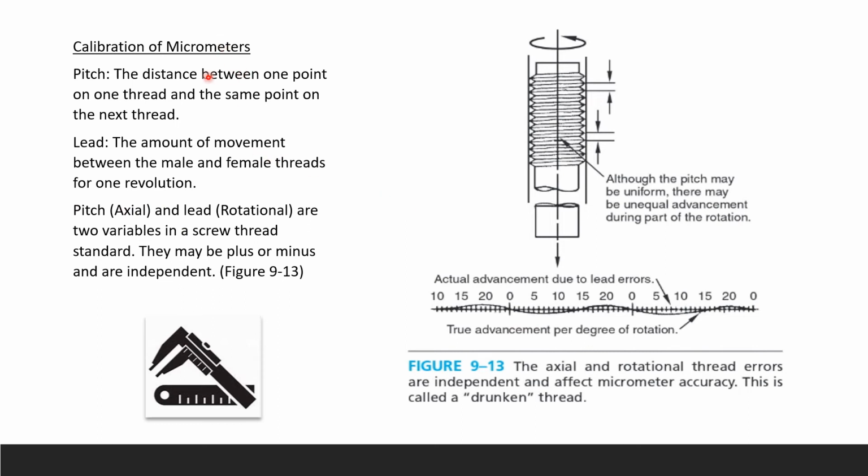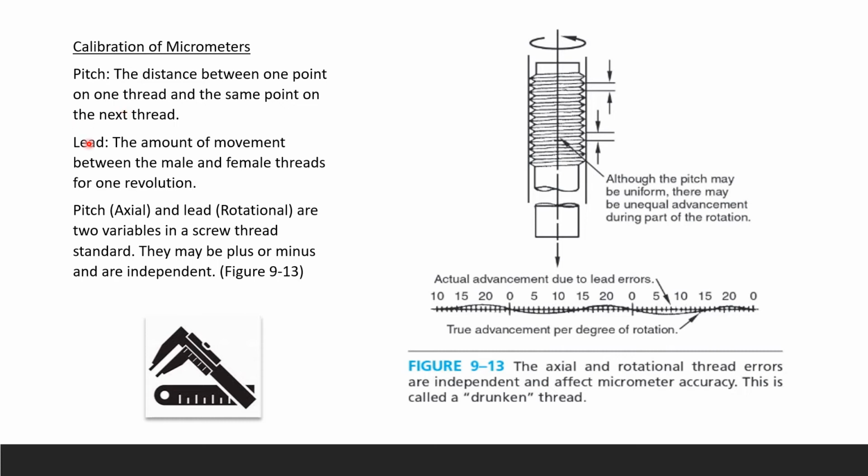Calibration, coming to micrometers. For the micrometer, we're going to take a look at the pitch, the axial, and then your lead, which is your rotational distance. Your pitch is the distance between one point on one thread and the same point on the next thread.